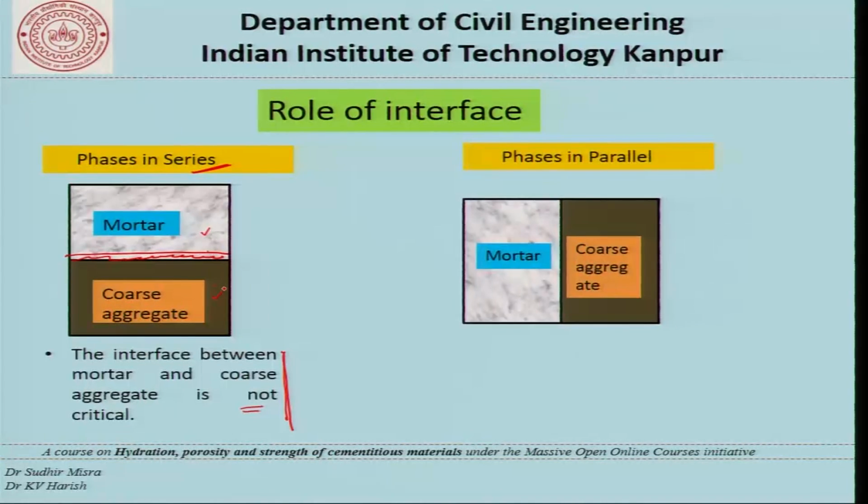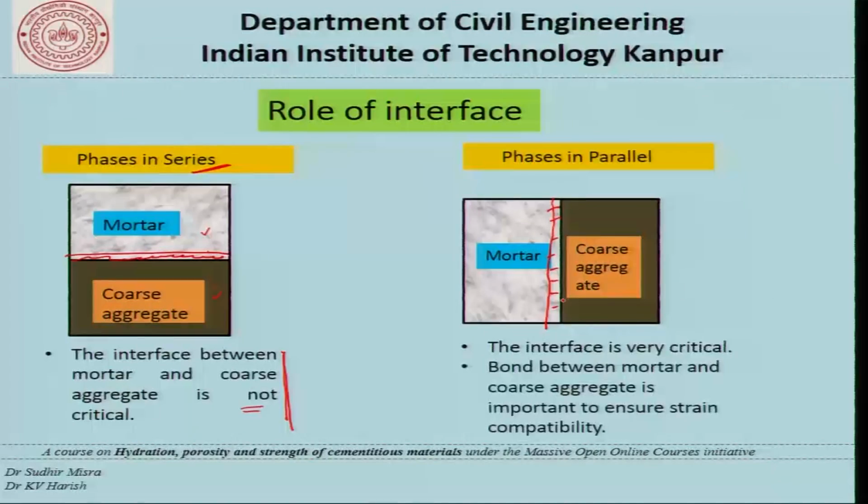Whereas if it comes to a model where the phases are in parallel and we have an interface between the coarse aggregate and the mortar phase, there this role is very important, because we must ensure that there is proper bond between the coarse aggregate phase and the mortar phase in order to ensure strain compatibility.